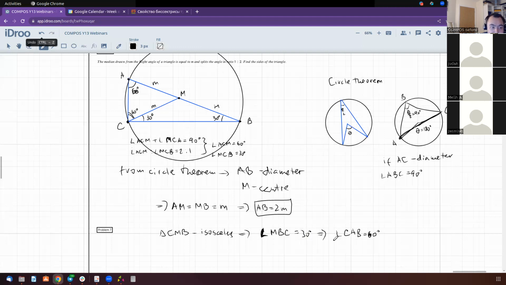That means that AC is also M. So 60, 60, and this is also 60, and that tells us that triangle ACM is equilateral.